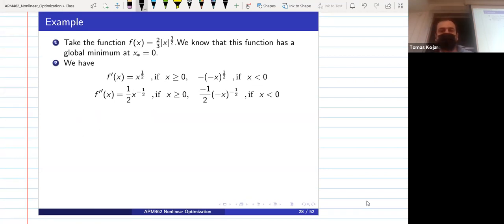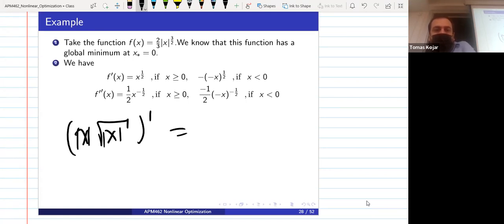So let me do the derivatives with you. So let's see. So we have x times square root of x, right? So could do it like this. And if you take derivative of this, you get the square root of x.